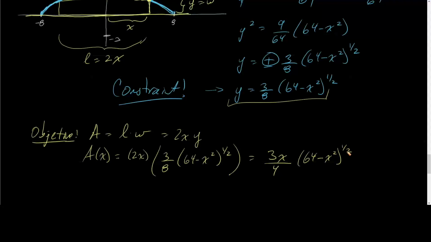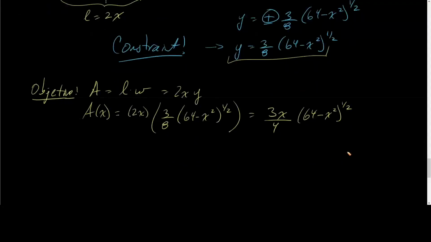And what was the objective? We want to maximize this area. So again, to find the maximum value, we need the critical value. So to find the critical value, we're going to take the derivative. So A prime of x would be, well, look at this. I've got a product of two functions, so I need to do the product rule.